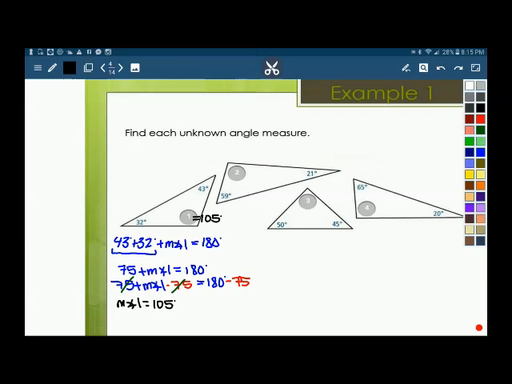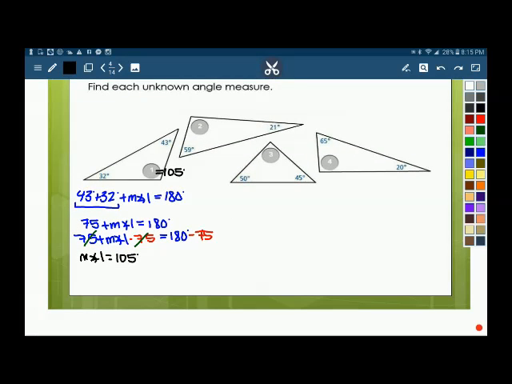Really, that last step is showing us that we can actually keep most of the work in our calculator if we add the two other angles together and just subtract them from 180, we get what's left over. So that's what I'm going to do in my calculator for the last three triangles. Follow along with me in your calculator.